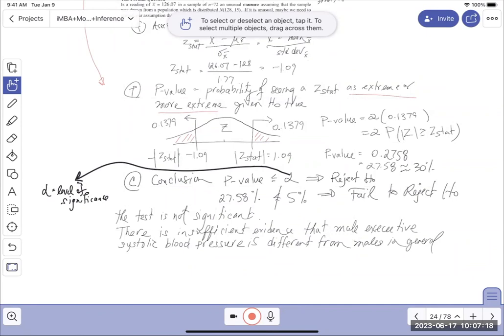So we didn't find evidence. We could do another test and keep testing, but that's what we found.